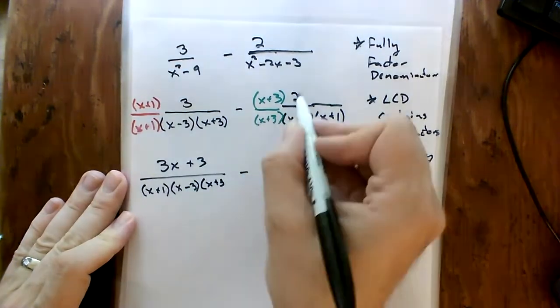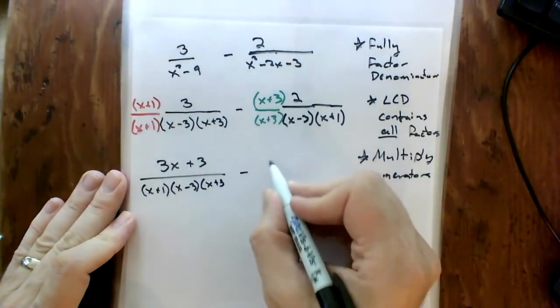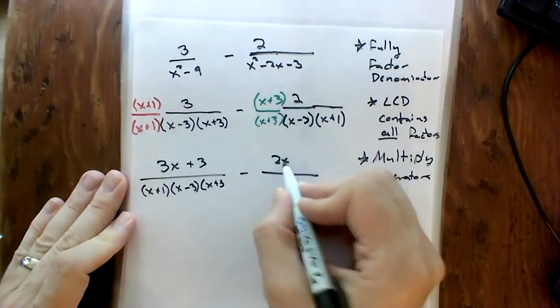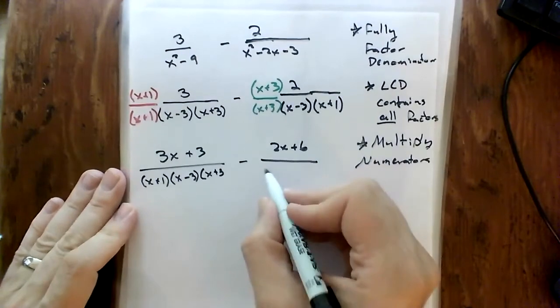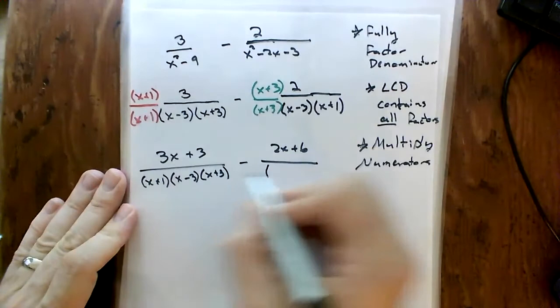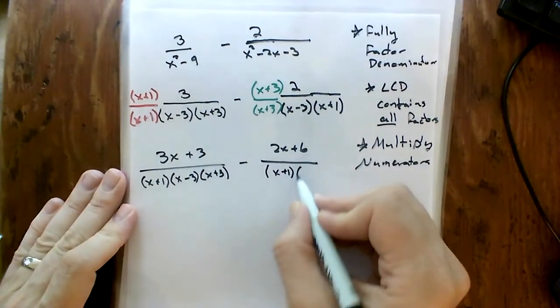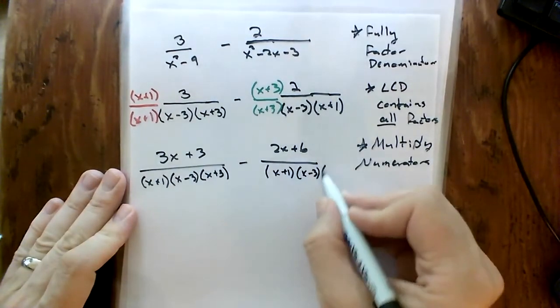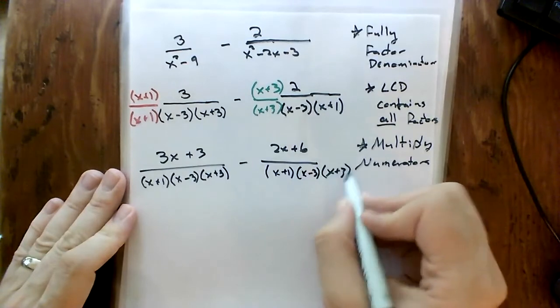This is going to be minus. I'm going to go ahead and distribute this, so this is going to be 2x plus 6. I'll keep this in this order, so I'll have x plus 1, x minus 3, x plus 3.